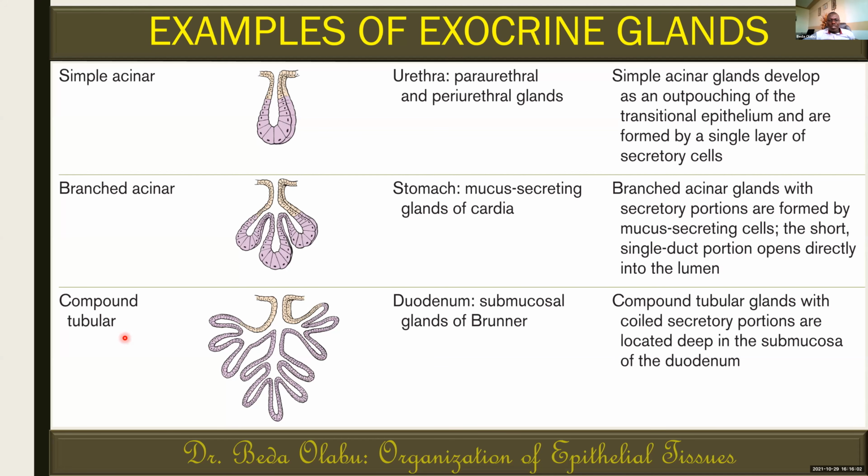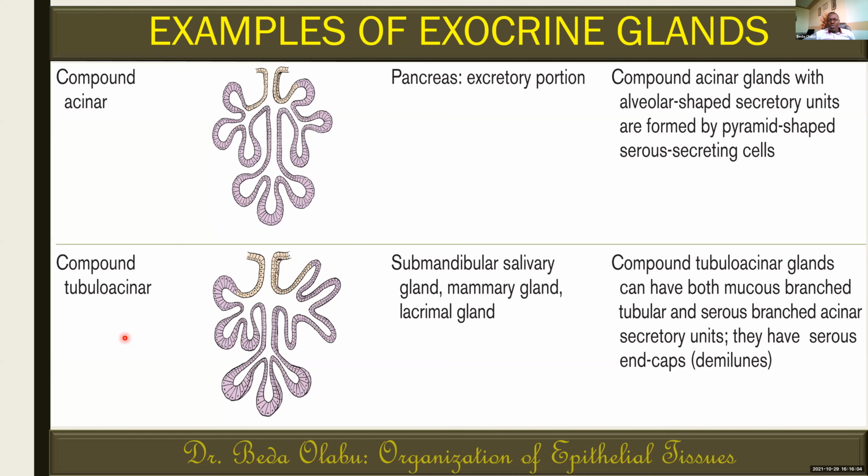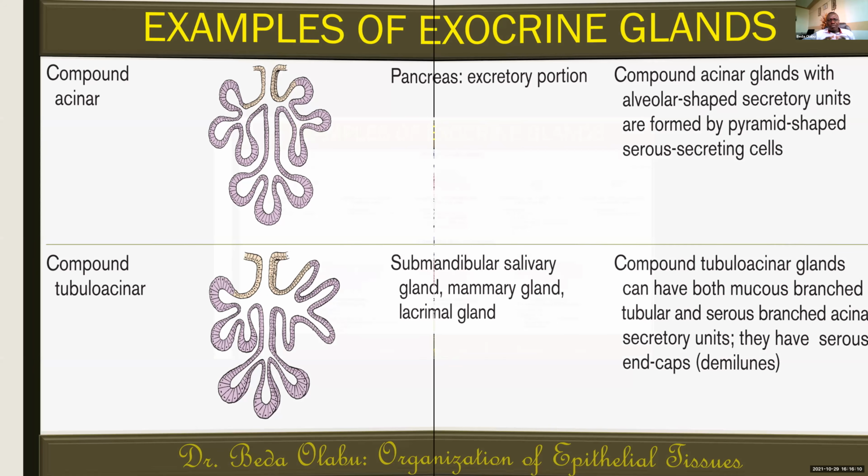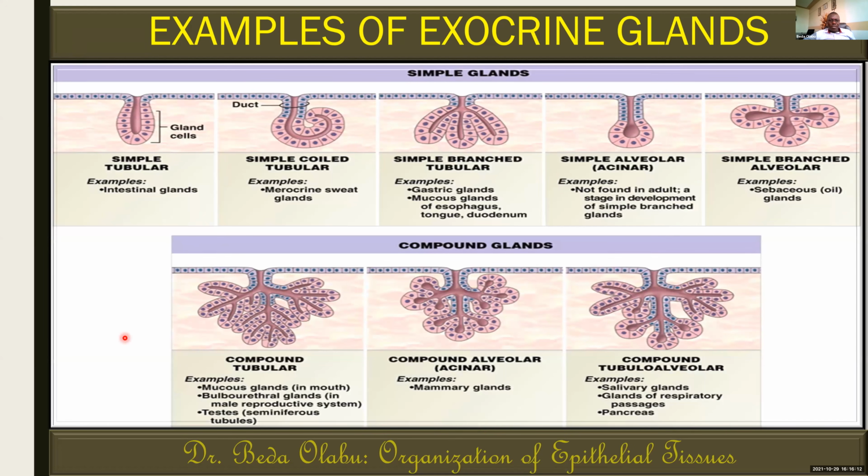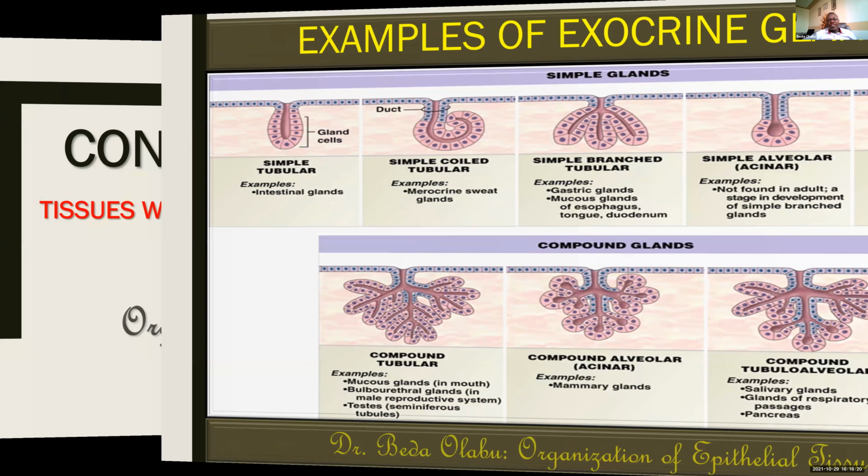There are many terminologies that we can combine to give the names of exocrine glands. These you can get in any textbook, so I don't think I'll belabor mentioning them or giving examples.